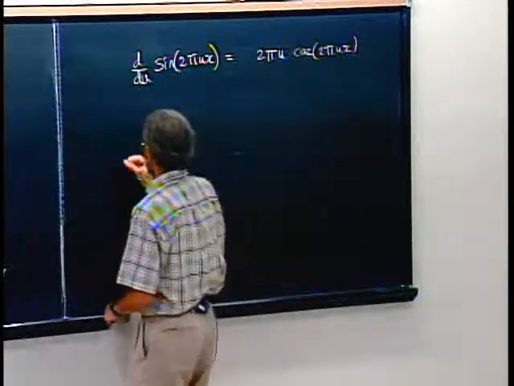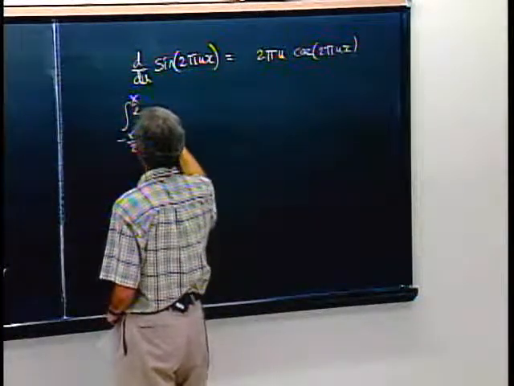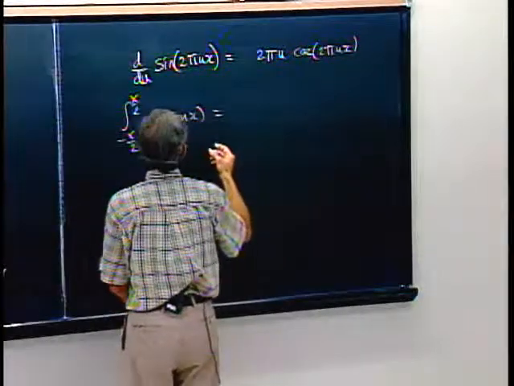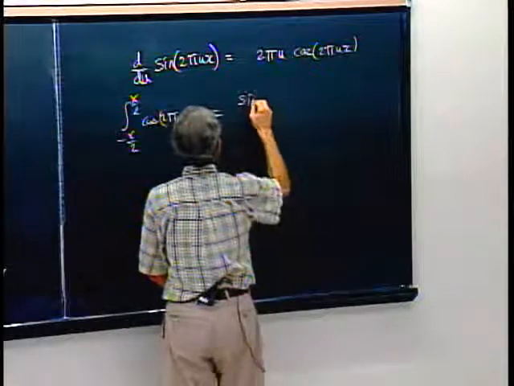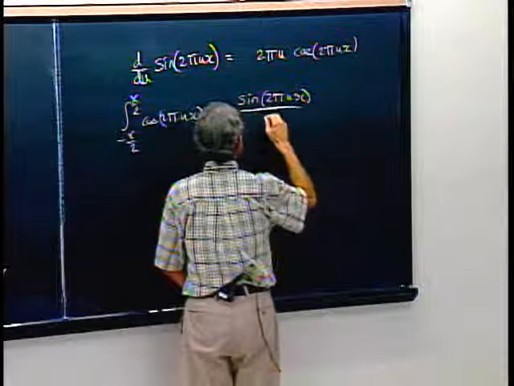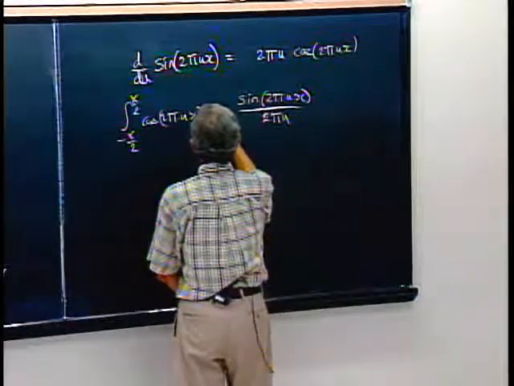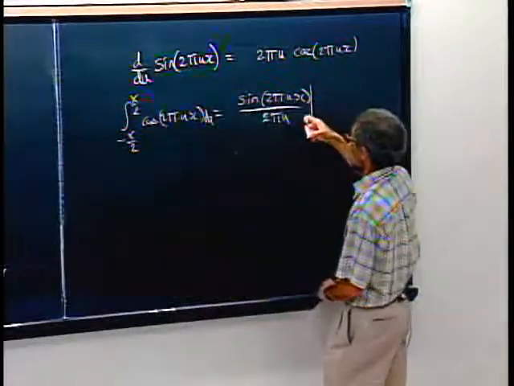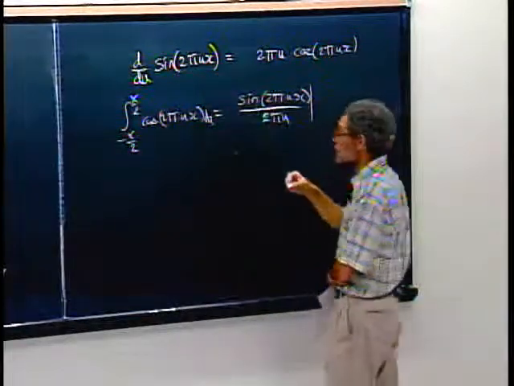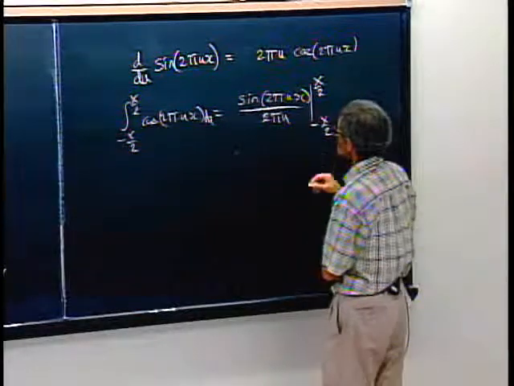Okay, so that means this integral from minus X over 2 to X over 2 of cosine 2 pi ux dx, what I'm going to have to do is take sine 2 pi ux and divide it by 2 pi u. Now I'm evaluating this, which is the antiderivative of that, just by dividing both sides of this equation by 2 pi u, between minus X over 2 and plus X over 2.